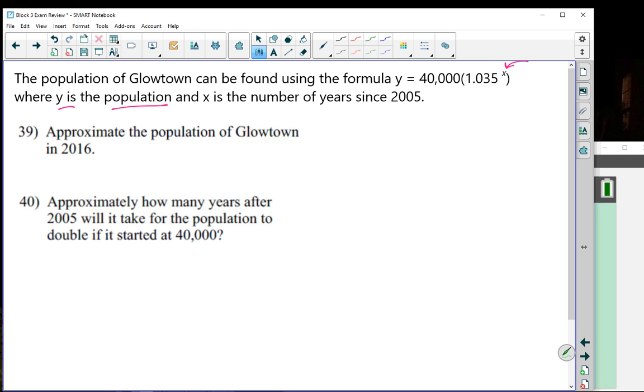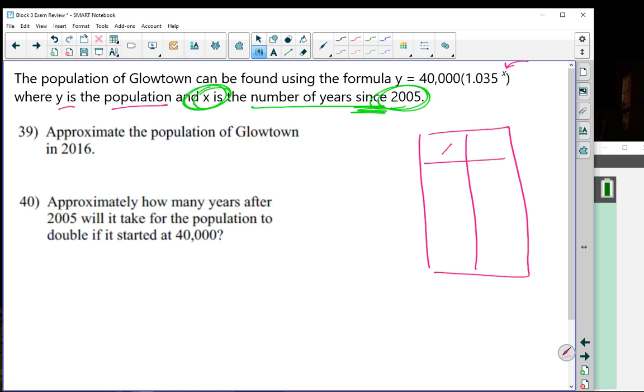The most important thing is that x is what? Number of years since 2005. Okay, so now, if I were to do an input-output table, that's Y1, which you can do on your calculator, right? Okay, here's what you need to understand. 2005 would be what?